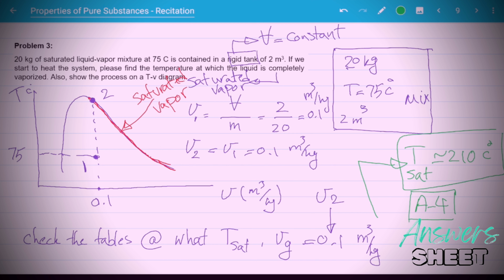If you check table A4, you will see that the specific volume that we have, 0.1, is actually smaller than the specific volume of saturated vapor at 210 degrees, but it's very close to the value. Now, if you want to be super exact, you can do a linear interpolation between 210 degrees and 215 degrees Celsius to find the saturation temperature.